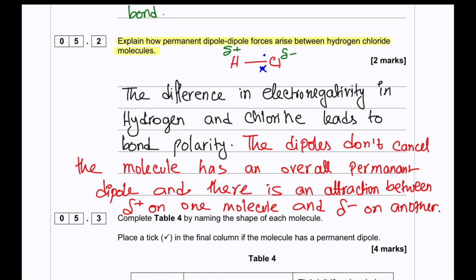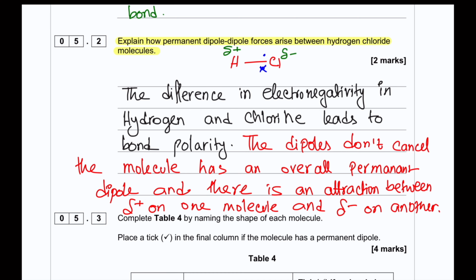So guys, we can describe this because the chlorine takes the bonding electron more towards itself due to its high electronegativity. So we can say the difference in electronegativity in hydrogen and chlorine leads to bond polarity.